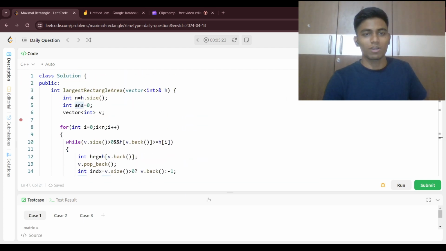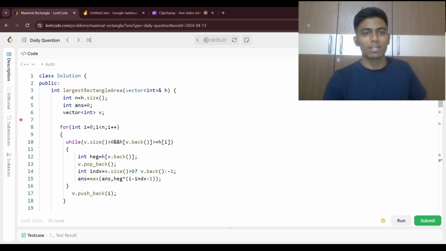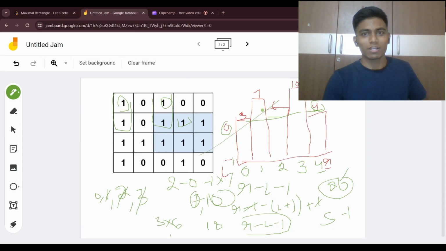So we'll take the height size, and then we are going to take answer equal to 0, and then we are going to consider each column, whatever the size will be. Suppose let's say the stack size is greater than 0, and this particular height is greater than or equal to whatever the considered height. Suppose let's say we have here this height is less than or equal to this particular 7.